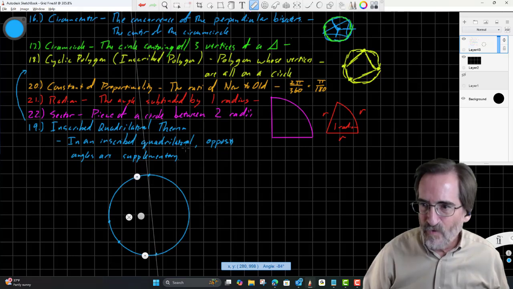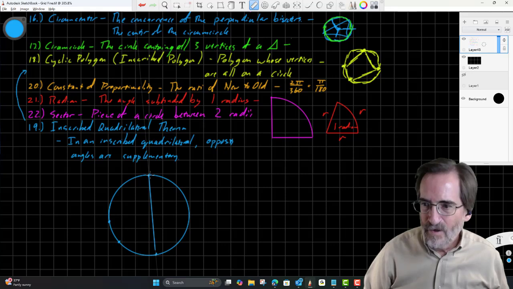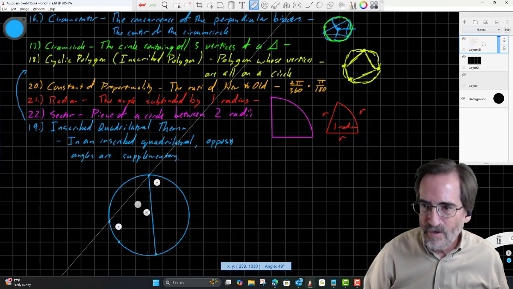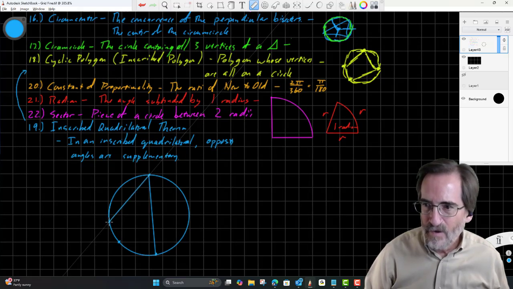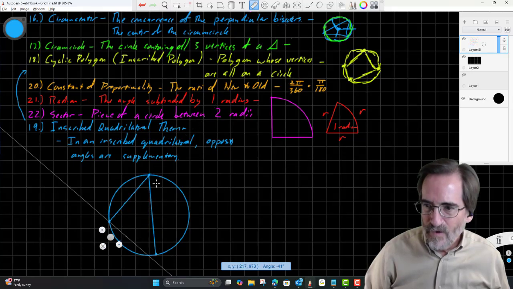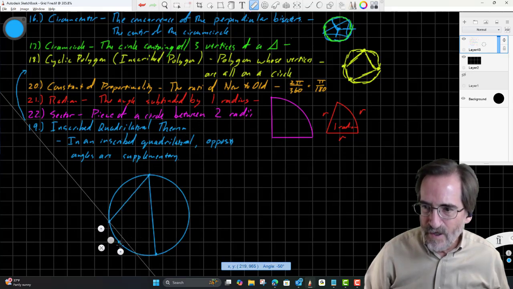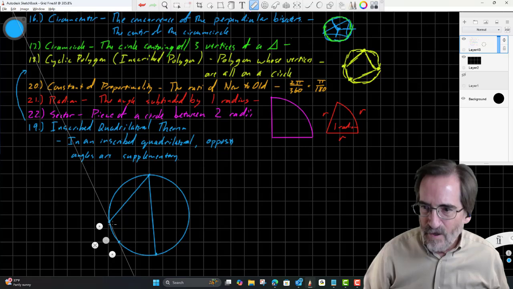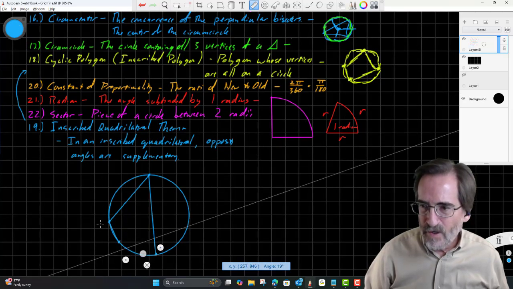That means 4-sided polygon. Connecting each of these 4 points. And opposite angles add to 180 degrees.